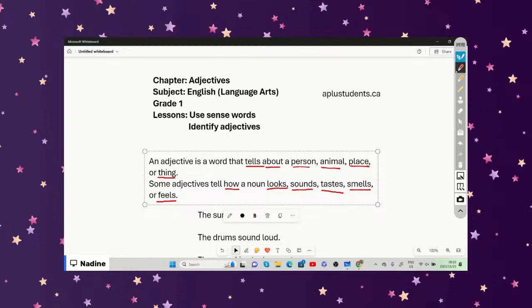If you specifically make mention of an animal, if you're blindfolded and you don't see it, and they put the animal in your hand, you'll be able to feel the difference between a cat and a dog, right? So that is also how you'll be able to tell how something is based on either the looks, the sounds, the taste, the smells, or feeling.